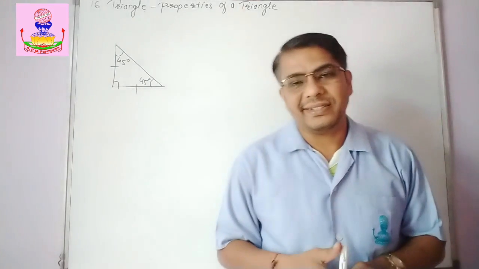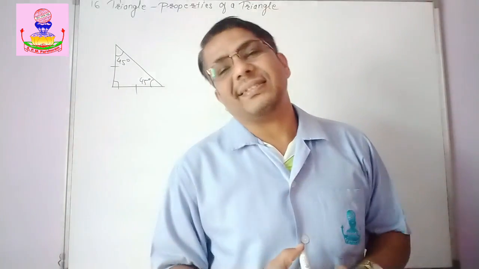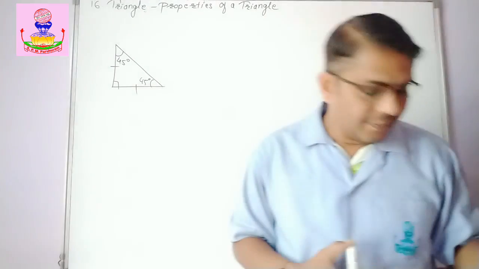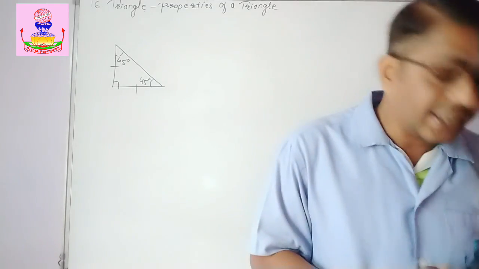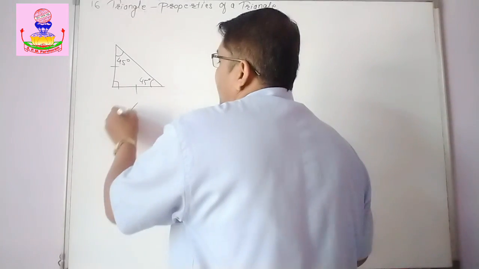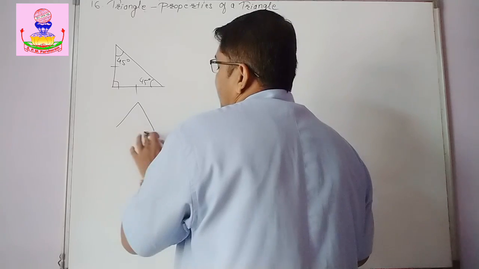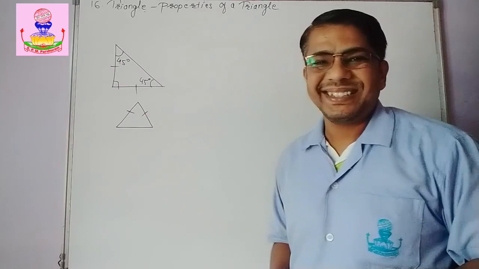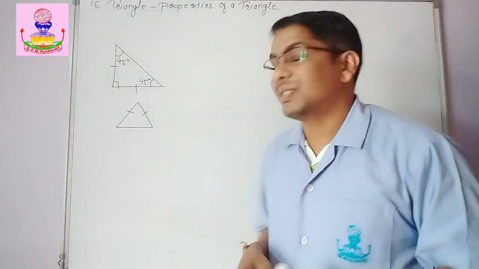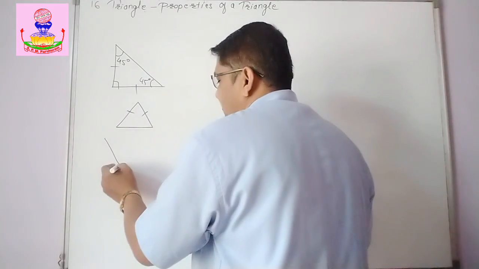So it is also called a 45-45-90 triangle. Or you can have an isosceles acute angle triangle, where all angles are acute. Or you can have an isosceles obtuse angle triangle.